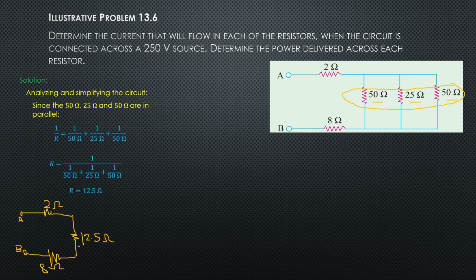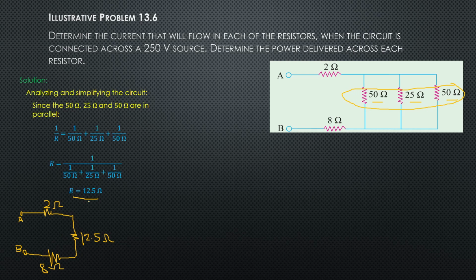So when these three resistances are combined to a single resistor, the value of that resistor is 12.5, and the circuit becomes a series circuit, right?